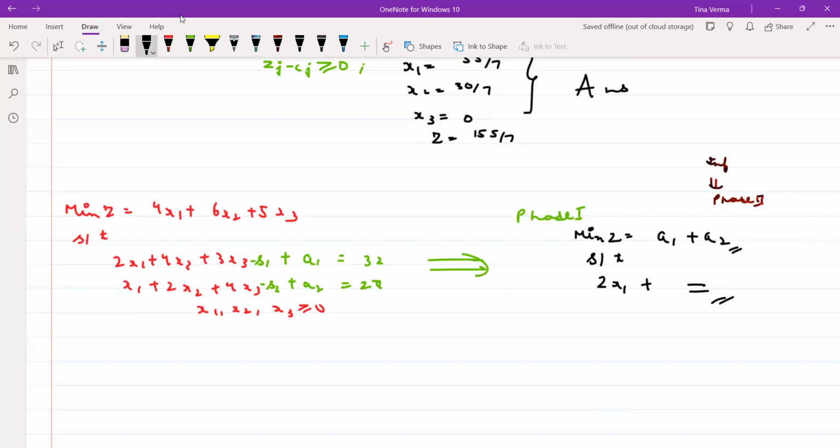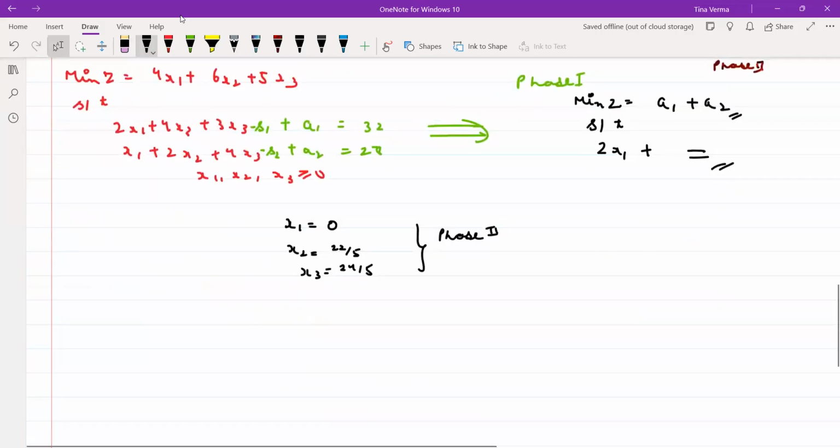When you solve it yourself, you will come to know that x1 will come out to be 0, x2 will come out to be 22 by 5, and x3 will come out to be 24 by 5 in your phase 2. Because in phase 1, your artificial variable will leave, and then you have to proceed to phase 2, and you will just calculate your fresh Zj minus Cj, and then you can do the iteration if required.